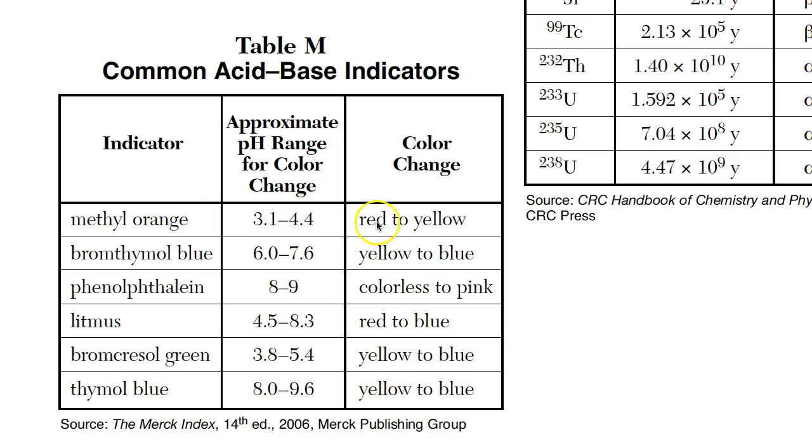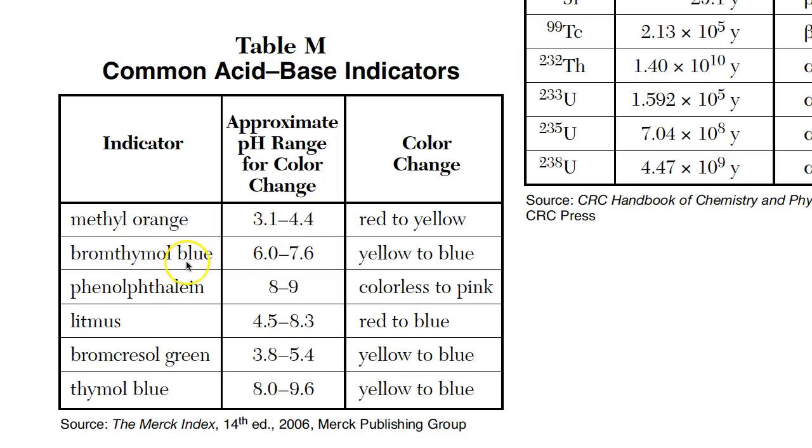Notice we have a red to yellow color change when the pH goes from 3.1 to 4.4. So anything greater than 4.4 is yellow. Anything 3.1 and smaller, in the very acidic range, is red, and the color in between would be an orange. So 3.1 and lower is going to be red, and therefore at a pH of 2, methyl orange would be red.